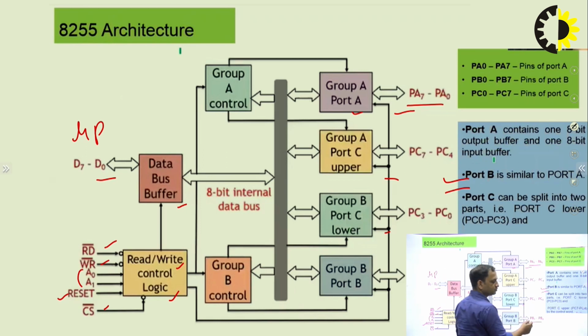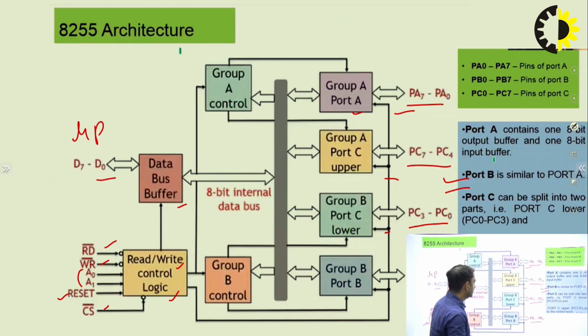It is divided into two parts, the lower 4 pins and the higher 4 pins. The lower 4 pins are PC0 to PC3, and the higher 4 pins are PC4 to PC7. PC0 to PC3 is called port C lower, and PC4 to PC7 is called port C upper.